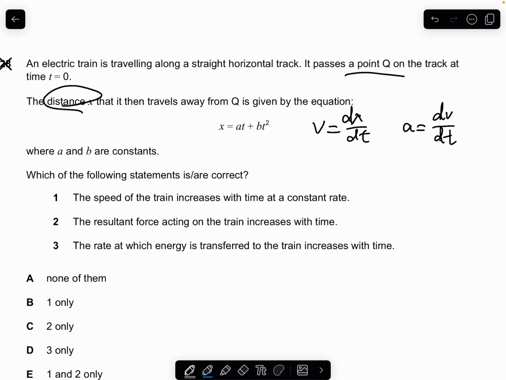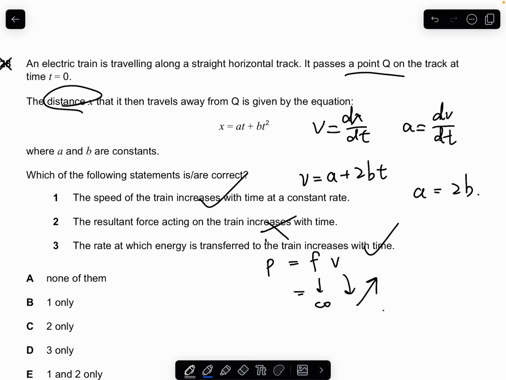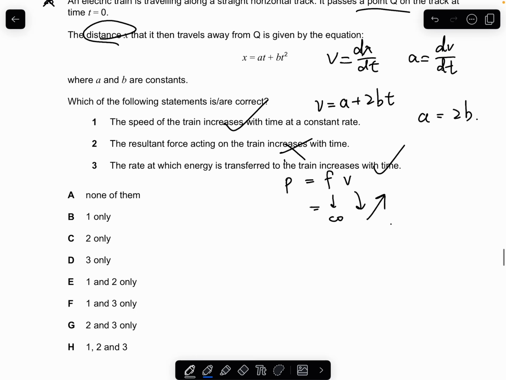Okay. V equals A plus 2B times T and A equals 2B. So the speed of the train increases at a constant rate. The resultant force does not increase. The rate of energy transferred, so P equals FV. And F is constant, V increases, so it increases with time. 1, 3.